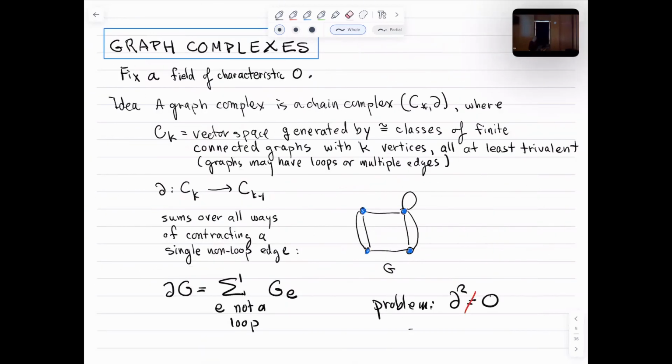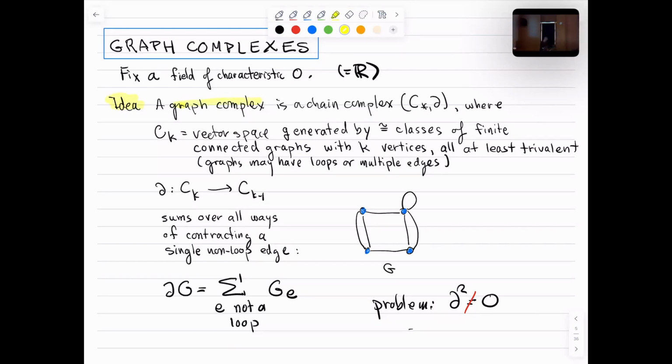Right, so what's a graph complex? Throughout the entire 2 hours this morning, we're going to have a fixed field of characteristic 0. In fact, I'll probably take the real numbers. So all vector spaces are real vector spaces, and all homology groups are homology with coefficients in R. What's a graph complex?